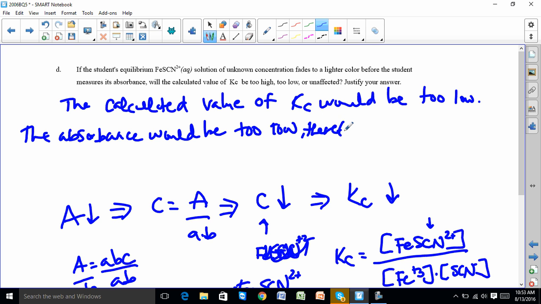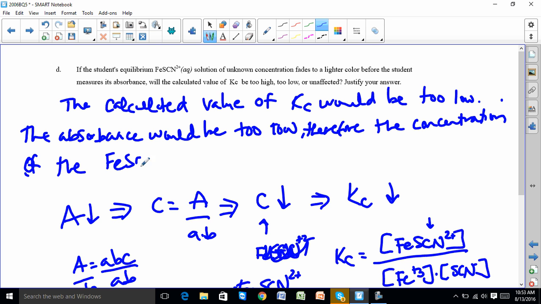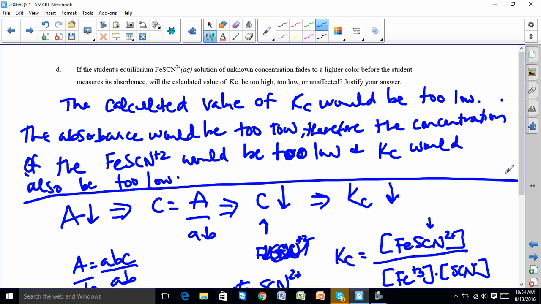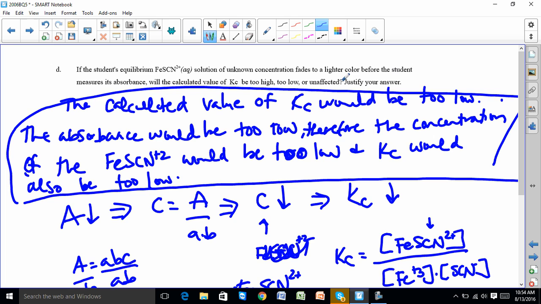Therefore, the concentration of the FeSCN plus 2 would be too low, and Kc would also be too low. Now this is kind of your scratch work, but it wouldn't be bad for the graders to see that. But this is your answer. And I think that's it.